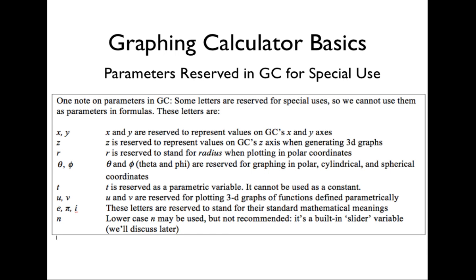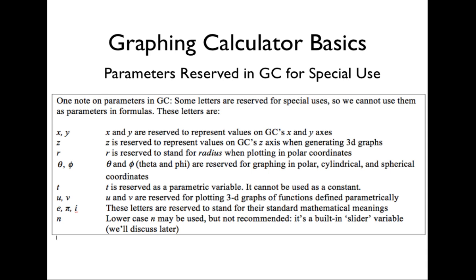Okay? z is similar. It's for a third axis, for if you're graphing in 3D, so lowercase z. Lowercase r is reserved to stand for radius in polar coordinates. Okay? Theta and phi, you have to type out those, so you probably won't come across those. Those are reserved. And look, lowercase c is also reserved as what's called a parametric variable.